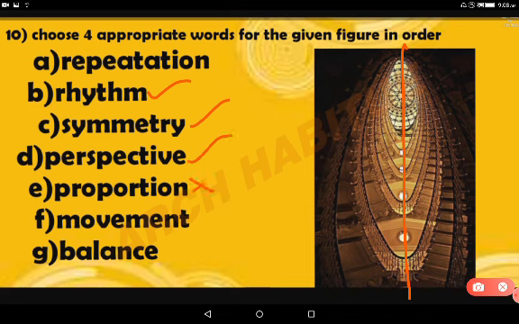No proportion, no movement. Yes, there is balance. So which will be selected? If there is balance, you should actually go with that. So balance will be the first one, then the perspective, and then symmetry or rhythm. Symmetry is the most thing we can see here. So balance, perspective, and symmetry. Okay.